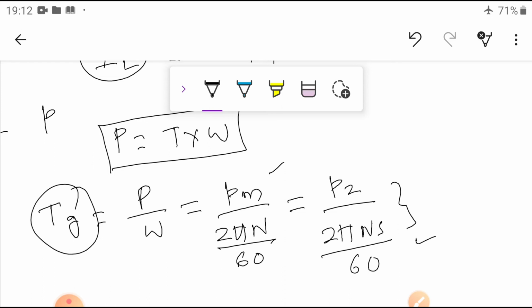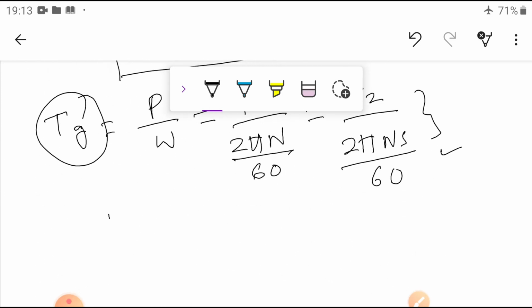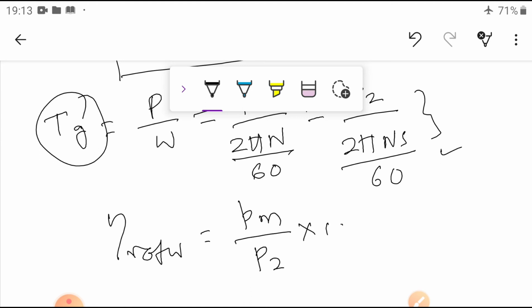Okay, so this is another one. Suppose you want to ask the efficiency, so your rotor efficiency is asked. What is the rotor efficiency? Efficiency of rotor is equal to Pm, the output, by P2, the input, into 100 percent. So Pm we know, P2 we know, we are going to calculate this value.